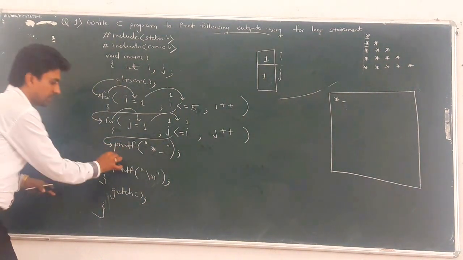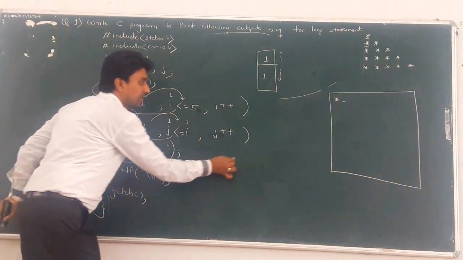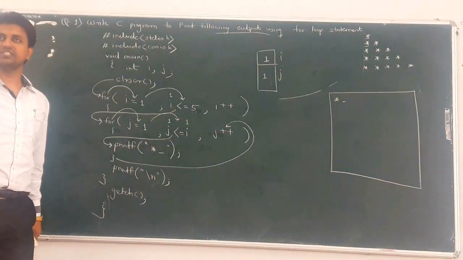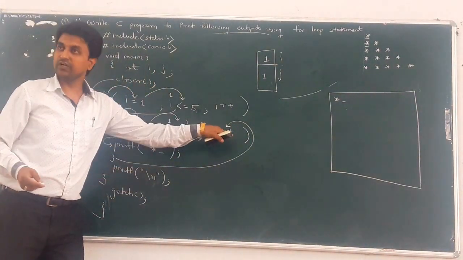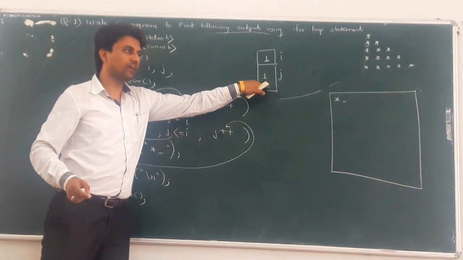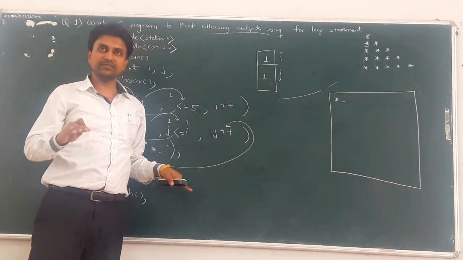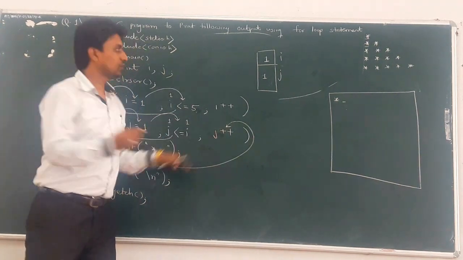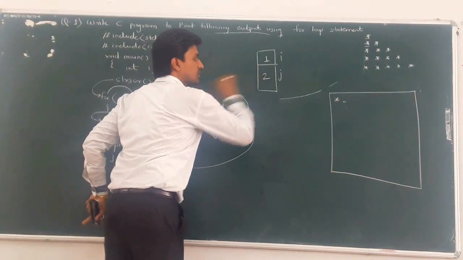Next, the curly bracket completes, which means the increment statement executes as per our flow. So j plus plus. What is the current value of j? 1. j plus plus means j is equal to j plus 1, so now j becomes 2. The value updates on the RAM.